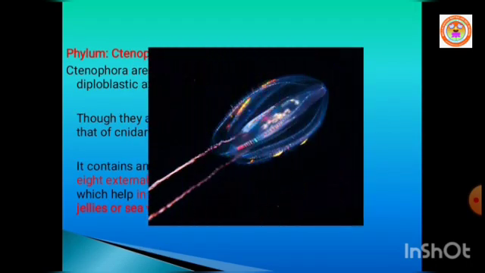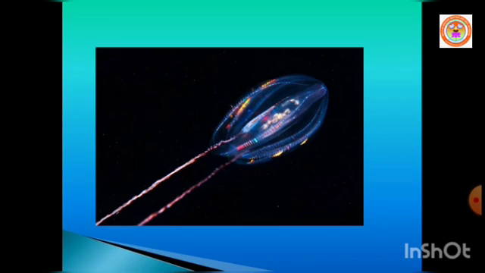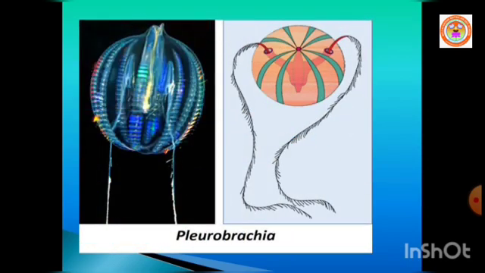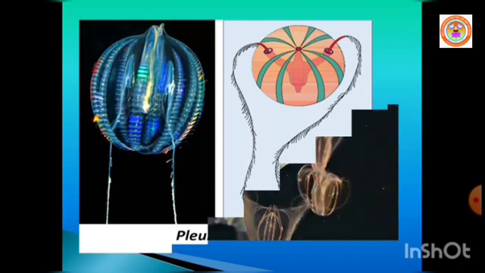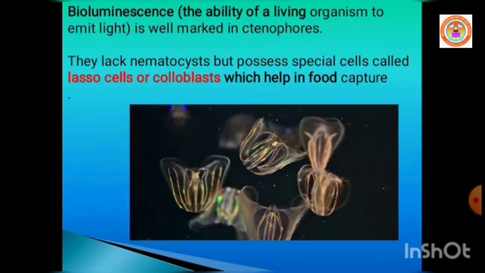These animals have an ability to live in the dark by emitting light, which we call bioluminescence. Bioluminescence means the ability of an organism to emit light. It is well marked in ctenophores.